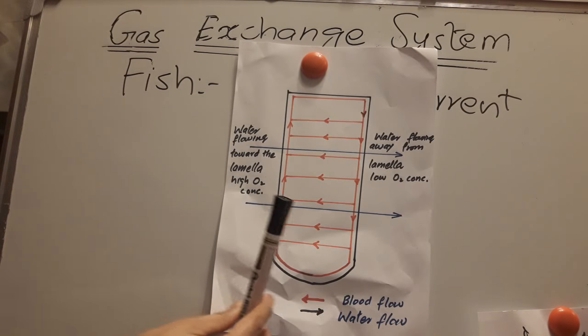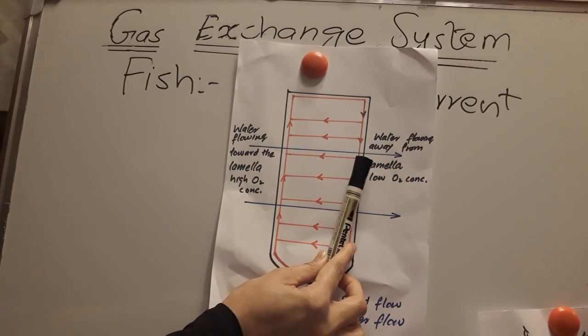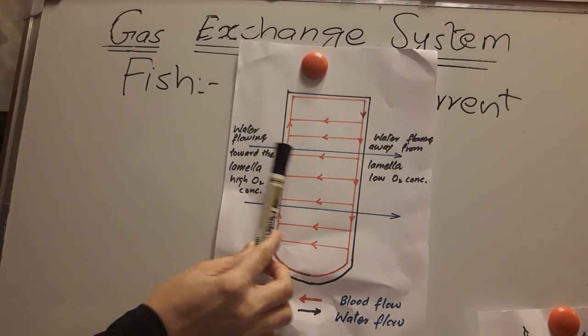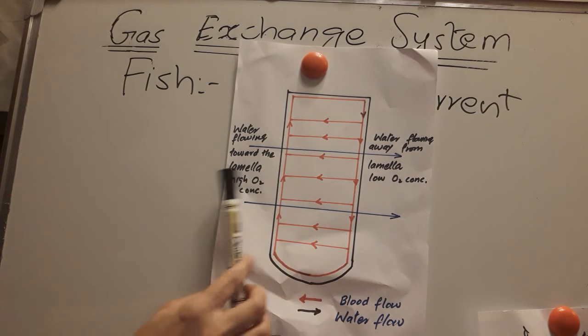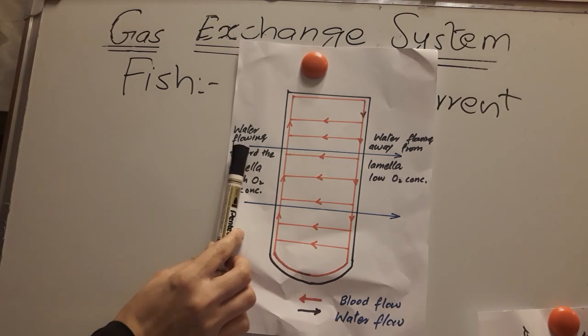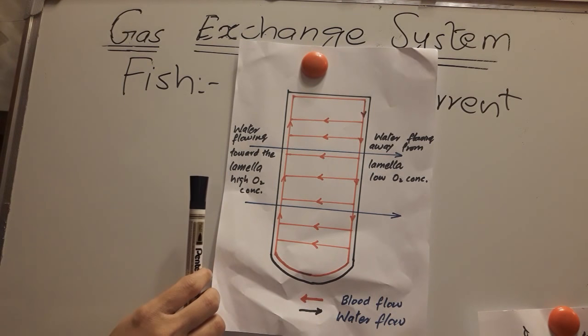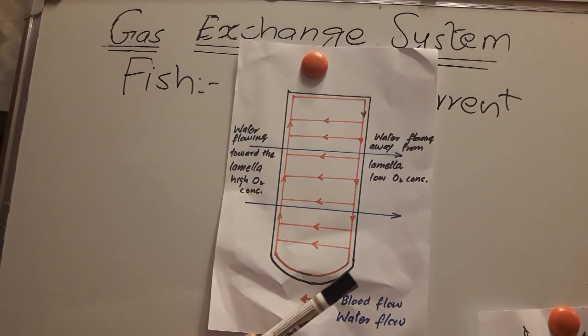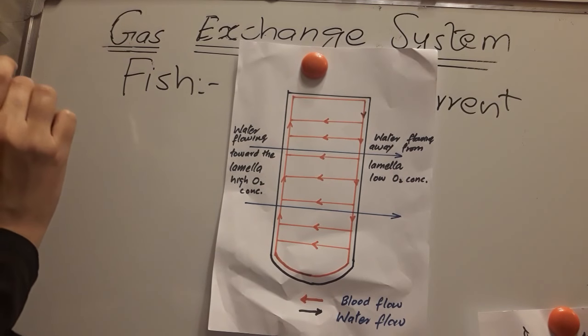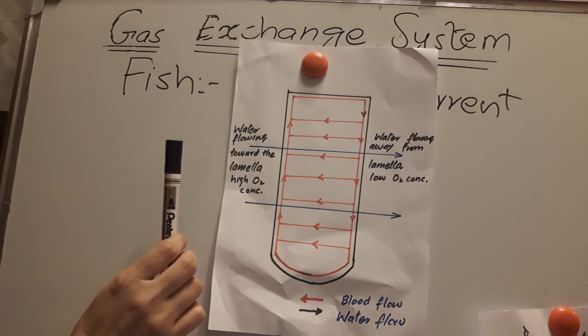As you can see, blood is flowing in the lamella in one direction, and these blue lines show the flow of water. Water flows over the lamella in the opposite direction. So they are opposite, and that's why this system is known as countercurrent.